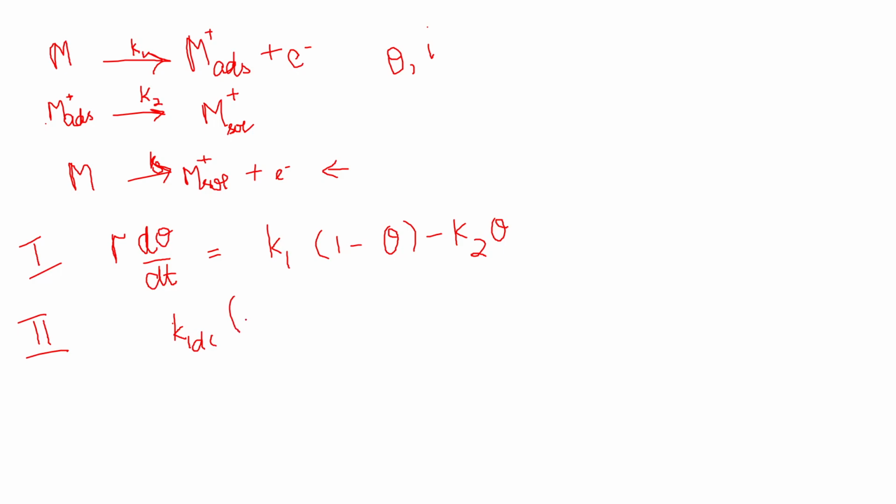That means K1 DC into 1 minus theta SS minus K2 DC into theta SS equal to 0.